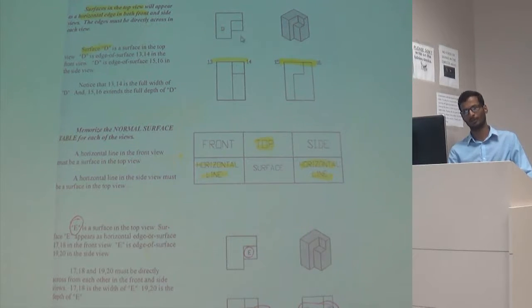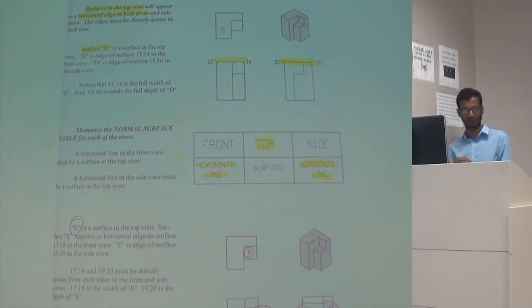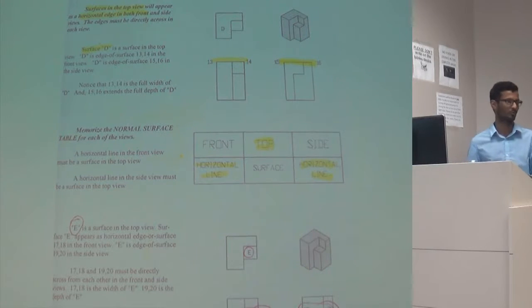If you have a surface in the top view, that same surface would be represented as a horizontal line in my front view. The same surface, if I'm looking from the side view, then I would see this edge and that particular edge of surface D, which is 15, 16 from the right side view, which is also a horizontal line. So if there is a surface in the top view, then it would be represented as a horizontal line in the other two views.